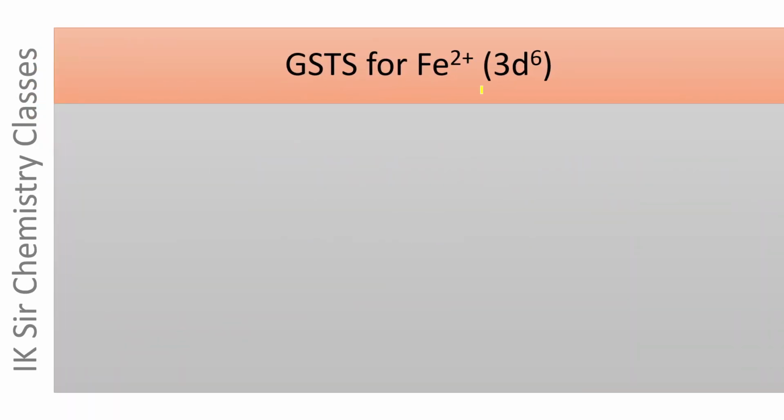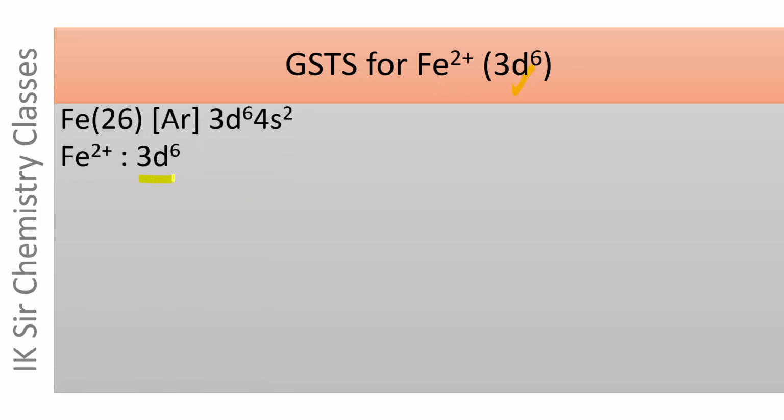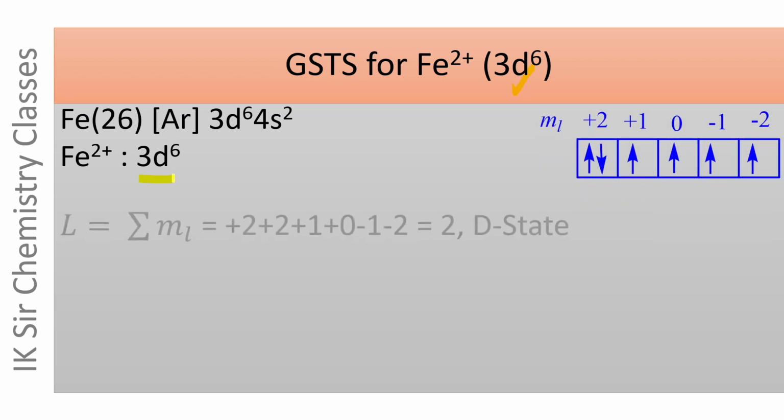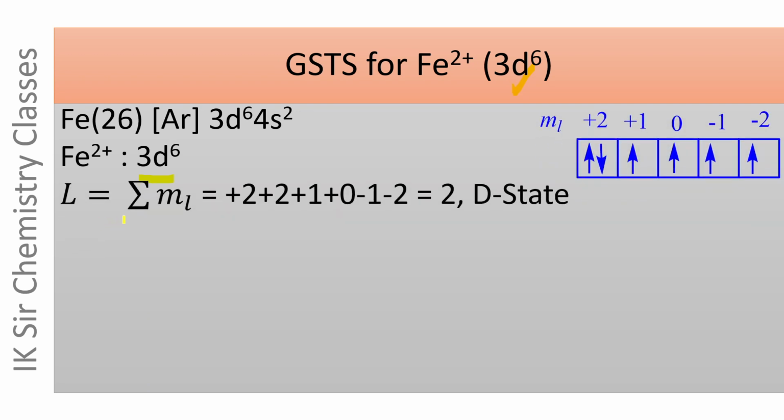Ground state term symbol for Fe2+ ion having 3d6 electronic configuration. Capital L is equal to the summation of ml values. These two electrons have ml values +2, +2. This has +1 value, this has 0 value, -1 and -2.